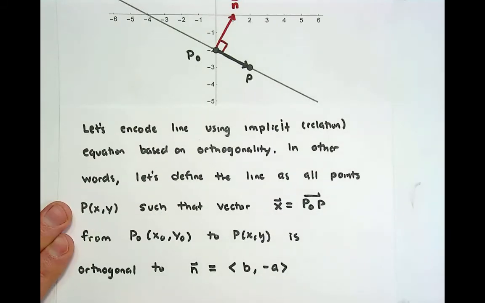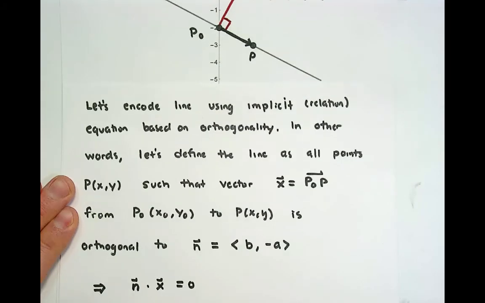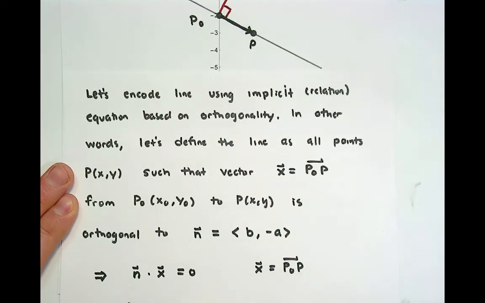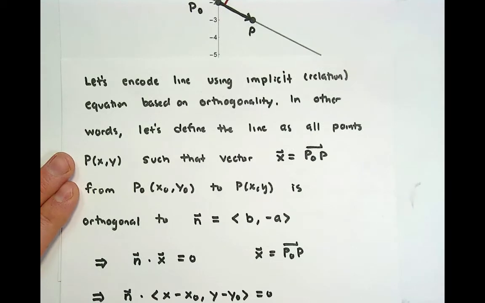So if we look at this description, this would mean that n dot x would have to be 0, where x went from the specific point that we know is on the line to any point on the line. But that would mean that x was given by the general point x minus x naught, y minus y naught equal to 0.